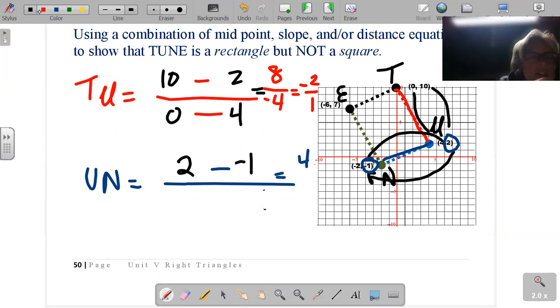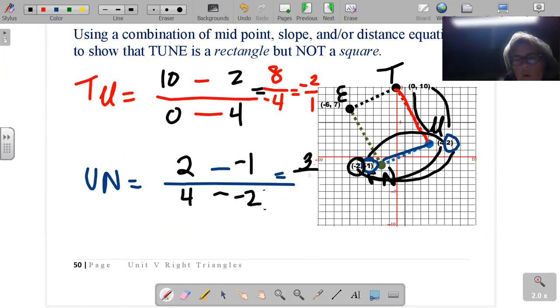So let me double check that. Y minus y, and circling, that's going to be 4, negative 2, much better. So this ends up being 3 over 6, which is positive 1/2.